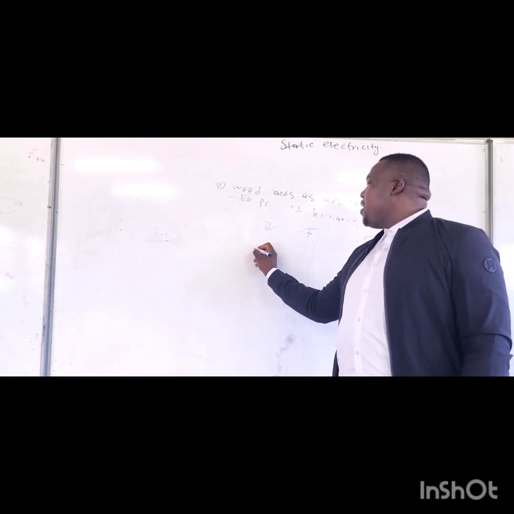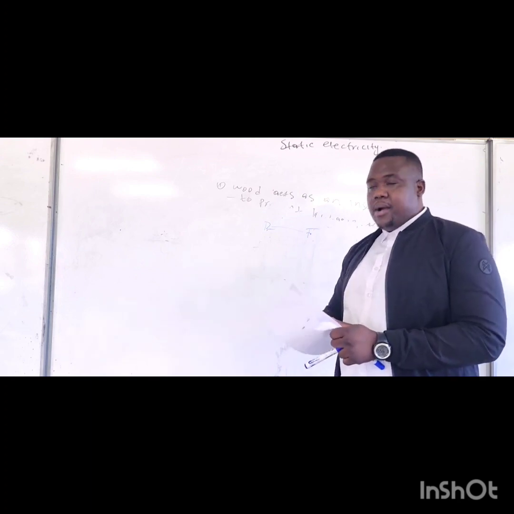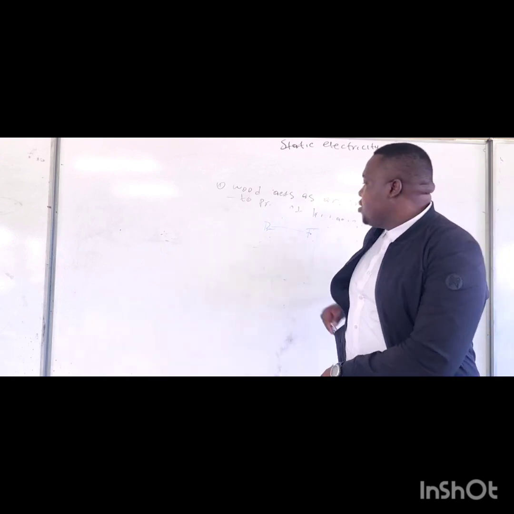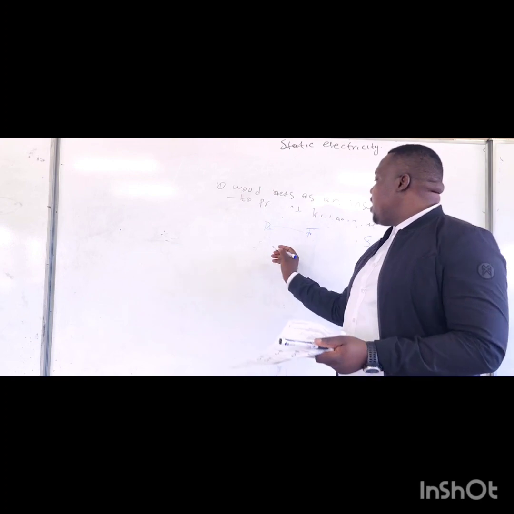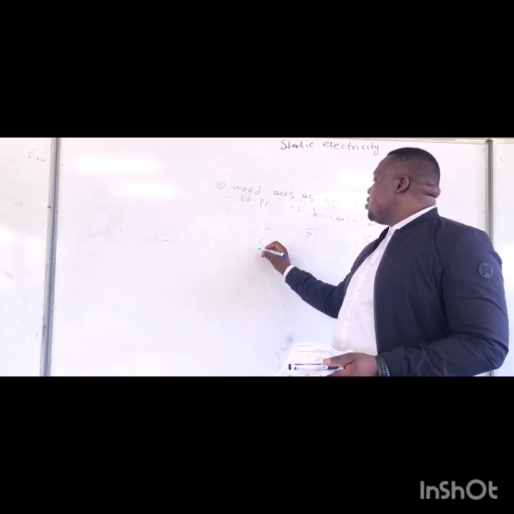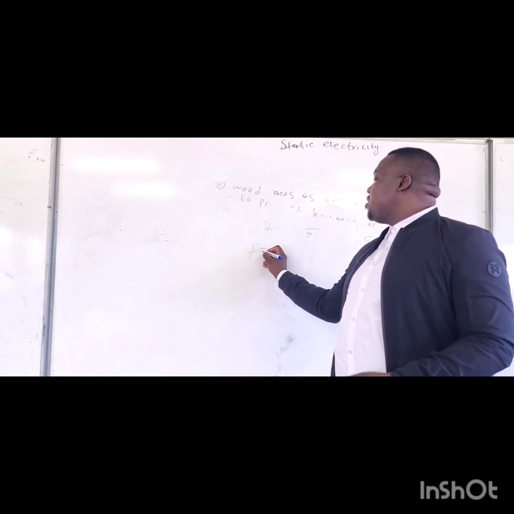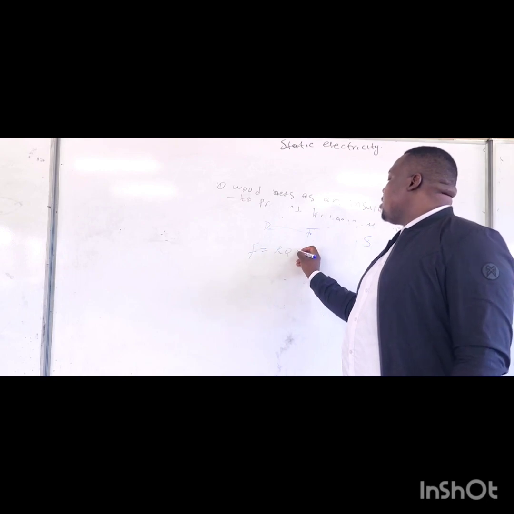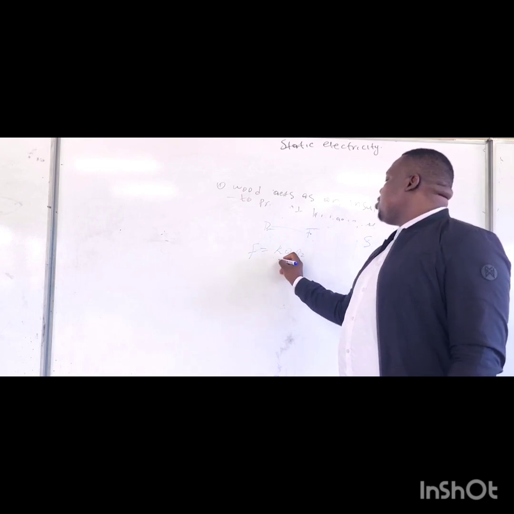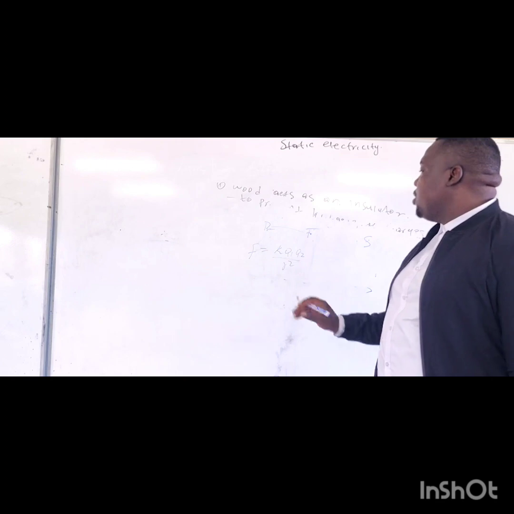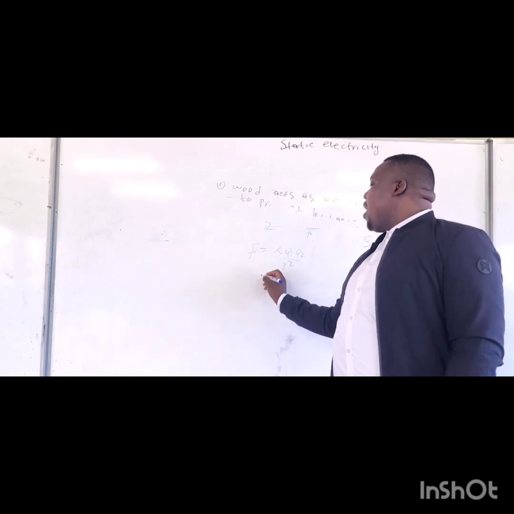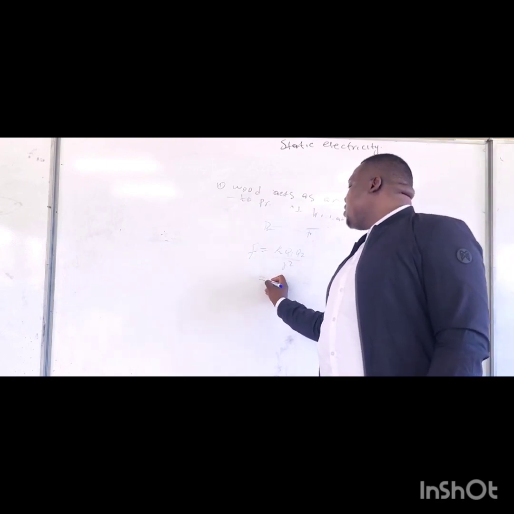We say F is equal to K Q1 multiplied by Q2 over R squared. We deal with these two. For R, what do we have?